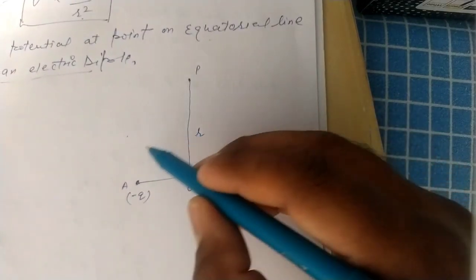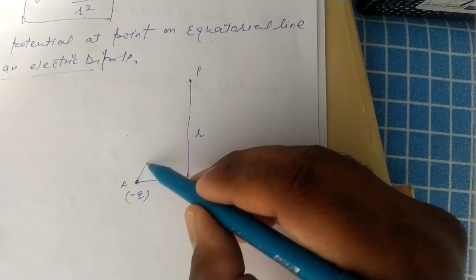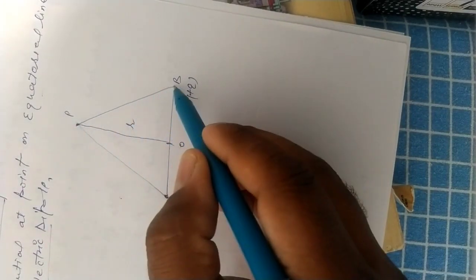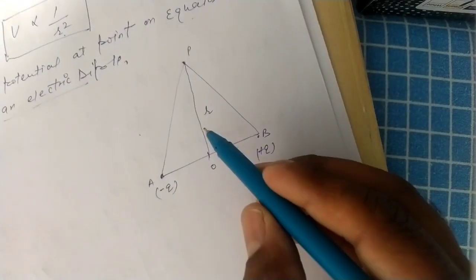Therefore, the distance between point A and P and the distance between point B and P, we can calculate.